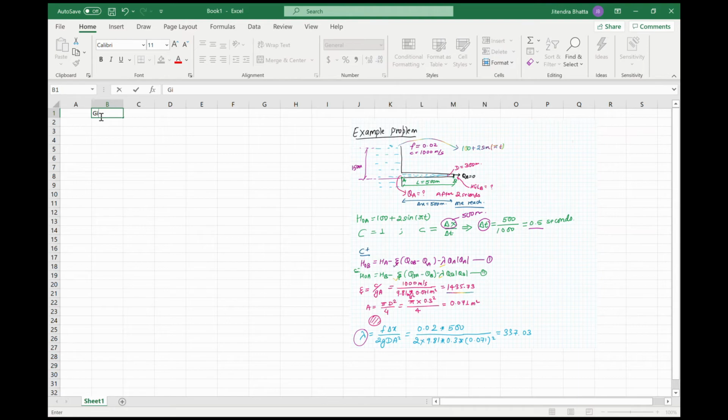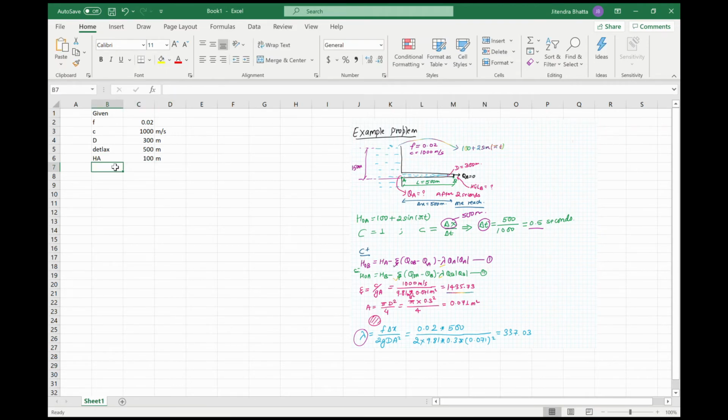So we are given friction factor 0.02, celerity speed 1000, diameter of the pipe 300, and our reach delta x as 500 meters, our head at A equals to 100 meters.